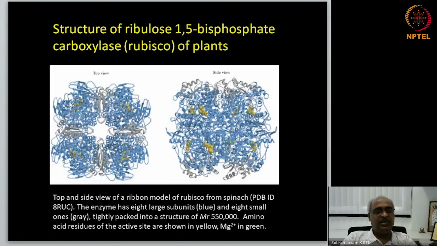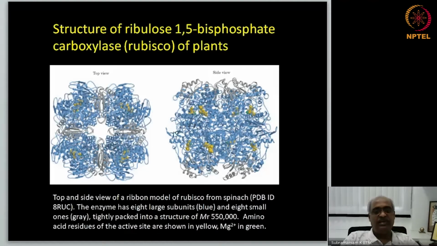You have a top view where you are seeing the 4 blue colored structures and then the gray. These are the different subunits: 4 large subunits, the blue colored ones, and 4 small subunits, the gray colored ones. And the active site residues are colored yellow and visible through this ribbon model.